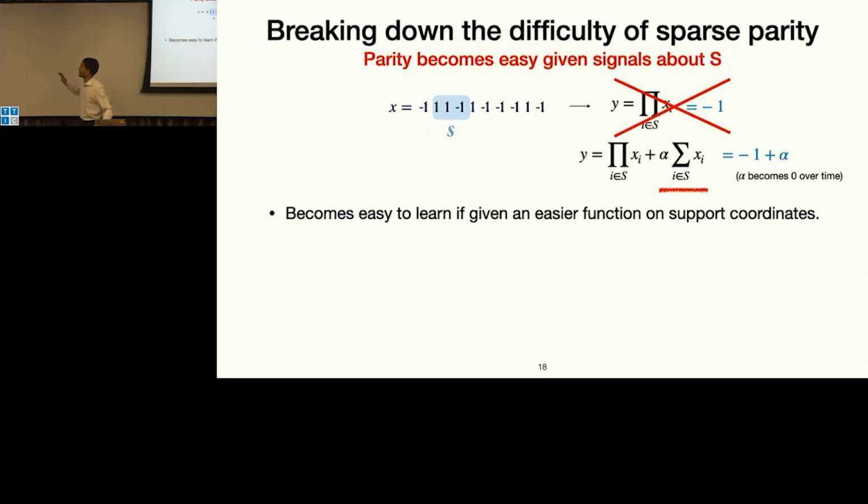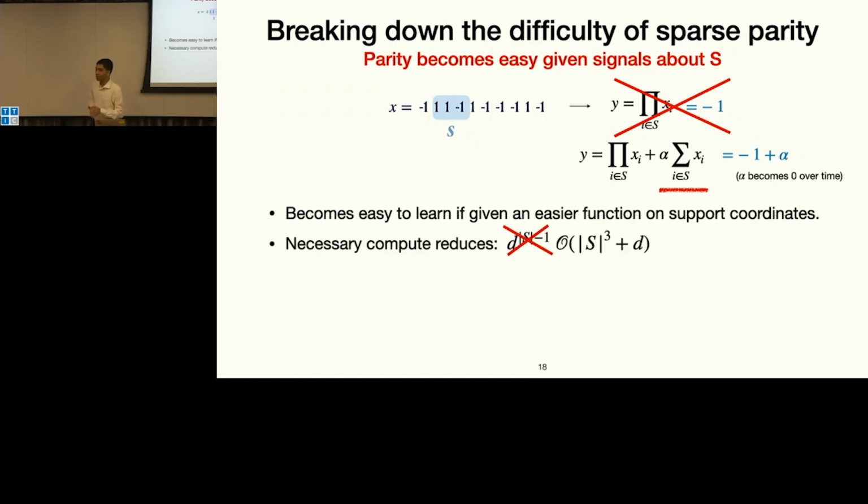Say we had the true label plus some additional linear function on the support coordinates, and suppose that the linear component dies over time. Then one can show that the necessary compute reduces to being polynomial in the task parameters, because the student can learn the identity of the support coordinates from the additional component, and then fit it to the true function.